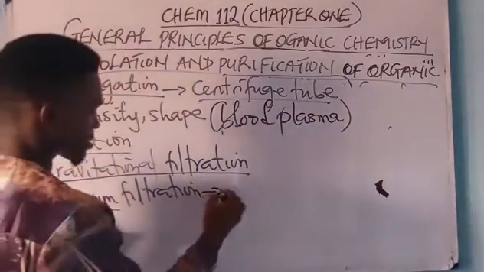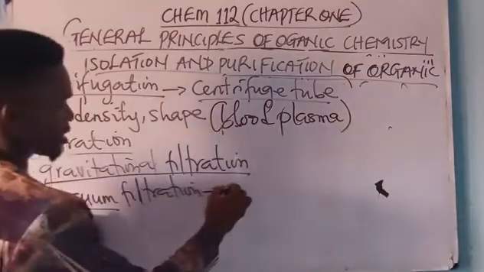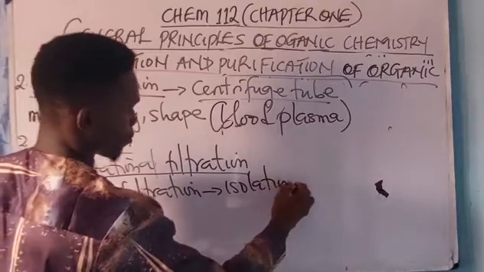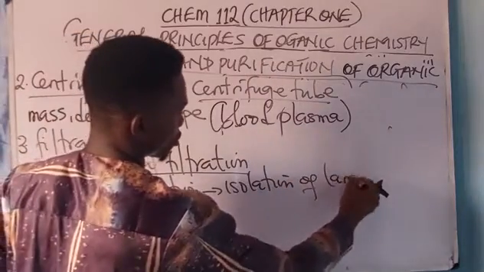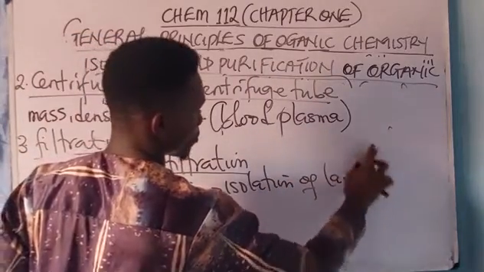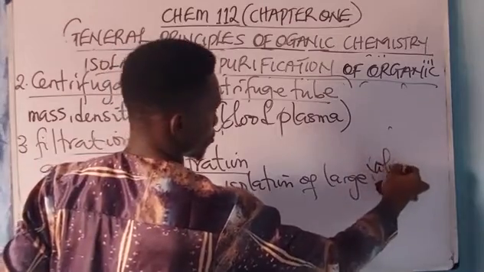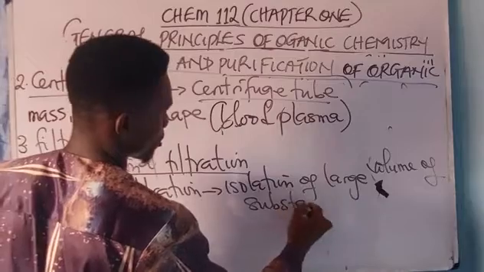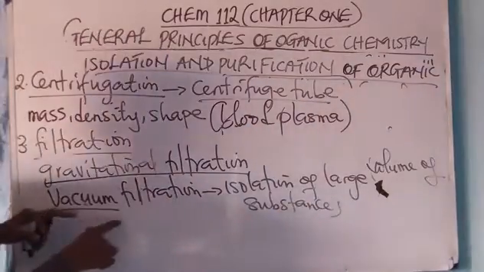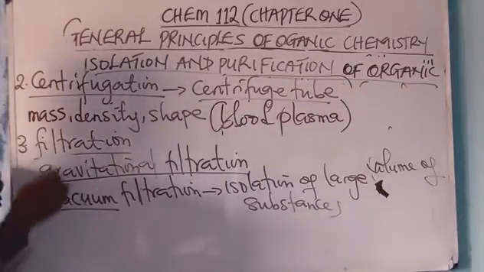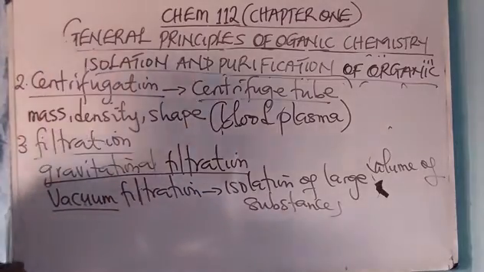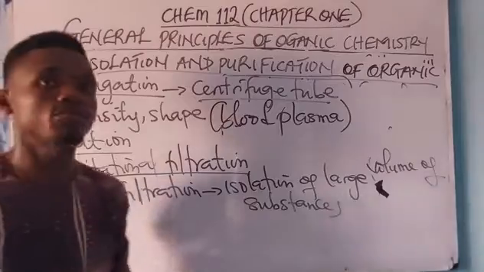It enhances isolation of large volume of substances. All right, so that is the difference between vacuum filtration and normal filtration, gravitational filtration and vacuum filtration. Please take note of that. Take note of residue and filtrate.